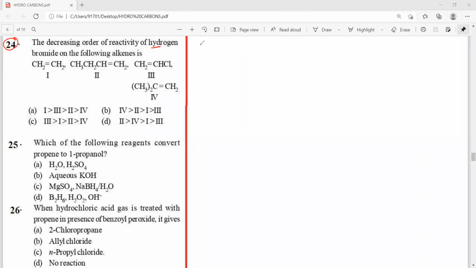So the addition of hydrogen bromide, HBr, to alkenes is an electrophilic addition reaction.